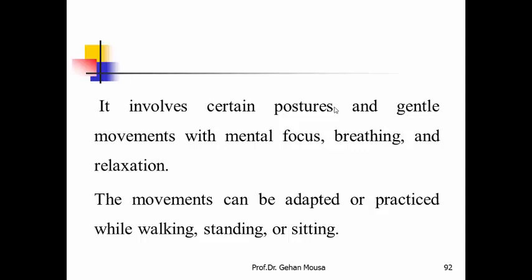Certain postures and gentle movements with mental focusing on something, with deep breathing exercises, all lead to relaxation, and you can perform and graduate from different positions: sitting, standing, and walking.